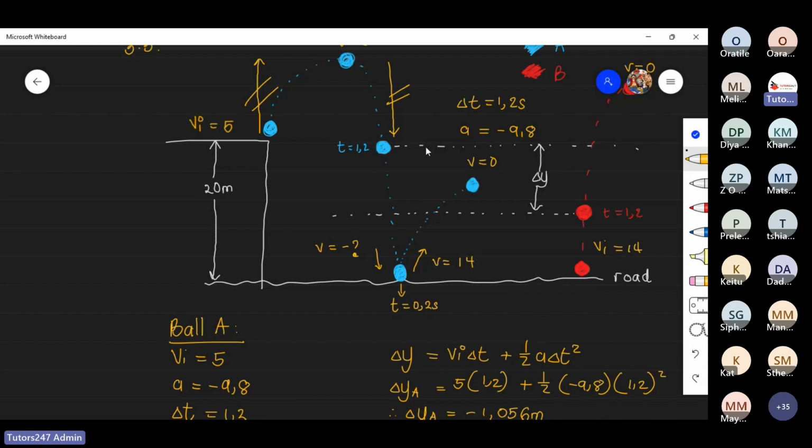So that means that our object traveled 1.056 meters below this height of 20 meters, which means somewhere here. So let us now calculate the height above the ground. In order for us to calculate the height above the ground, we're going to take that value and add it to the 20 meters.